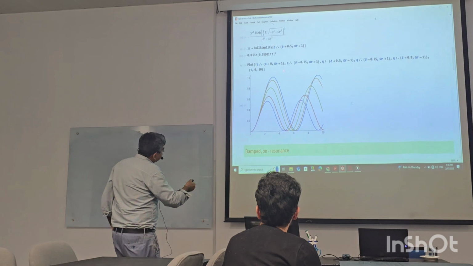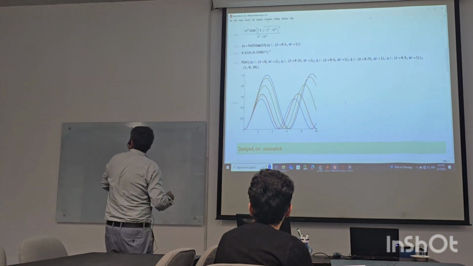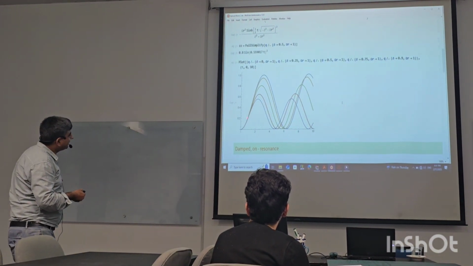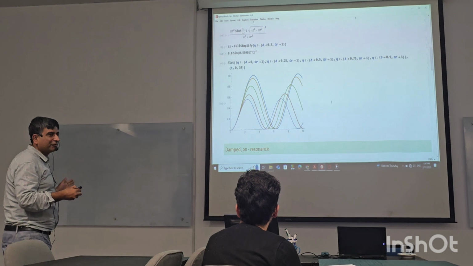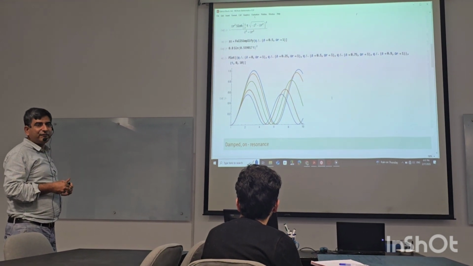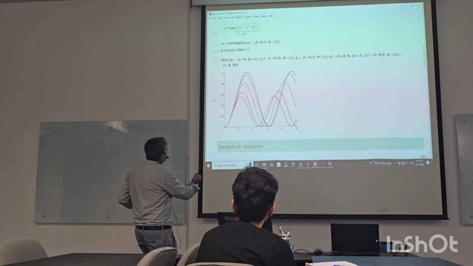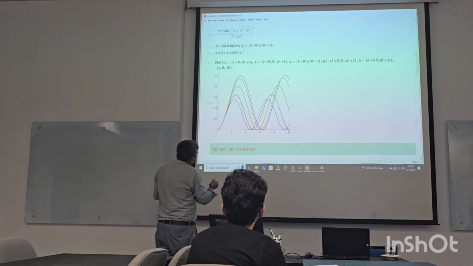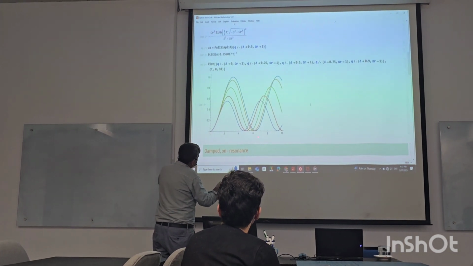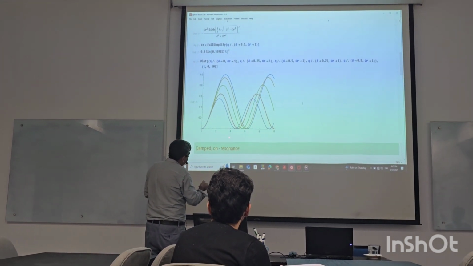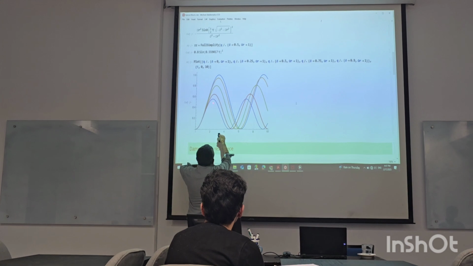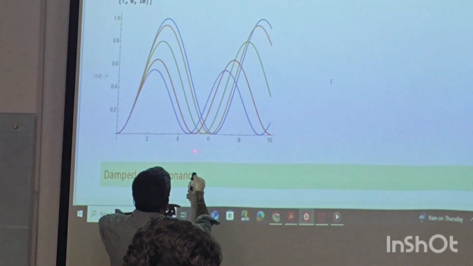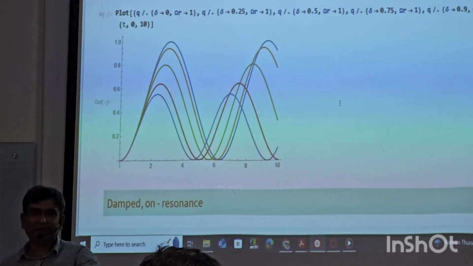The other thing I see is that the frequency of the peaks goes higher. Off resonance, the blue peak, which is smaller, has a higher frequency. So the difference between this point and this point is shorter in time. So the frequency goes up.